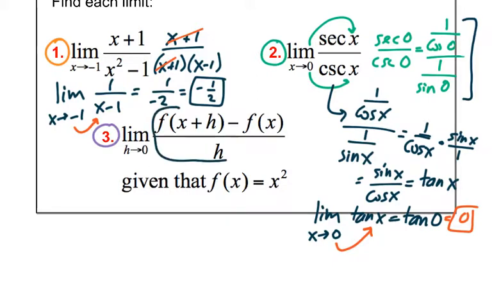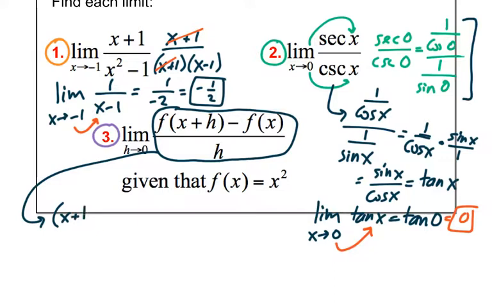So I'm just going to take this little piece here and bring it down here. Ready? Here we go. f of x plus h would be x plus h squared. That's if I plug x plus h into my function. And then minus f of x, which is just the function here, all over h.